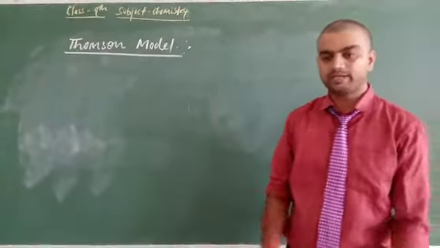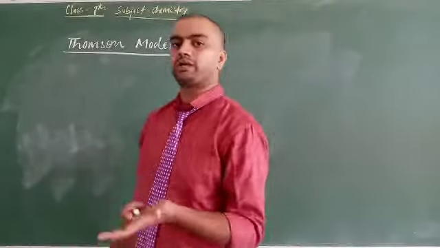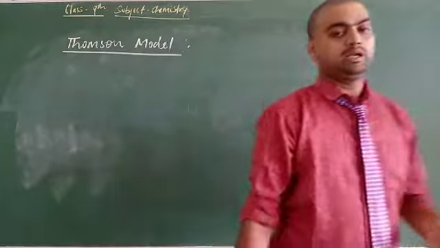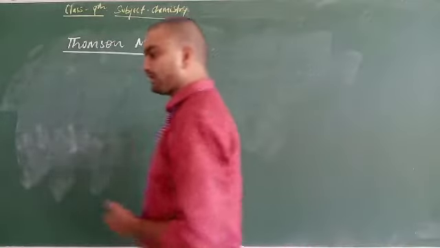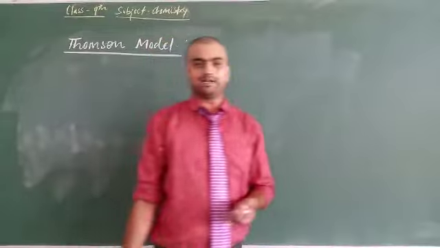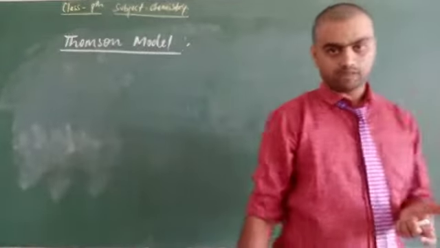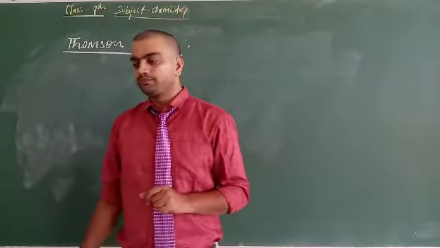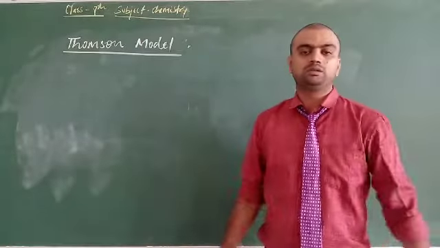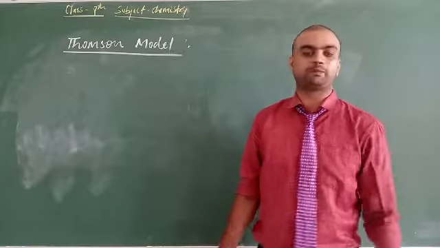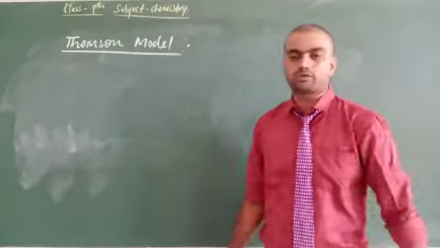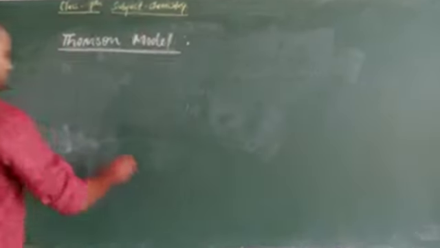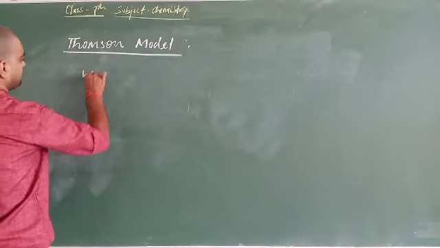You know about Dalton's postulates of atomic theory. In that theory, Dalton already suggested that the atom is spherical in shape, it is neutral, and so on. Clear? So Thomson first of all started to explain what the model for the atom should be. He suggested that, suppose you know about the watermelon.